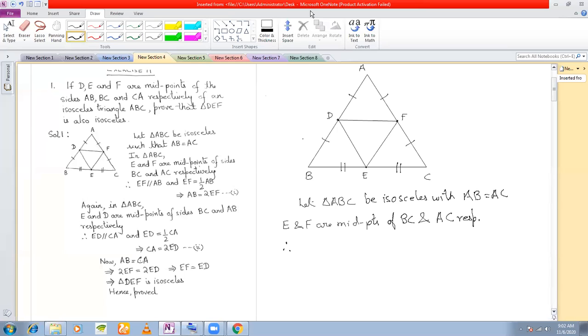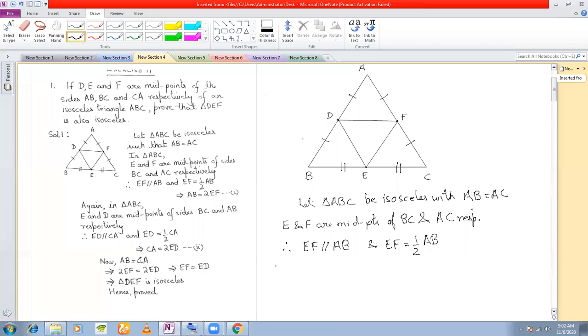Can anyone tell me? E and F are midpoints. What can you say? EF is parallel to AB and EF is half of AB. Exactly. Very good, Shika. The length of EF must be equal to half of the length of AB. This is what you can say from the midpoint theorem.